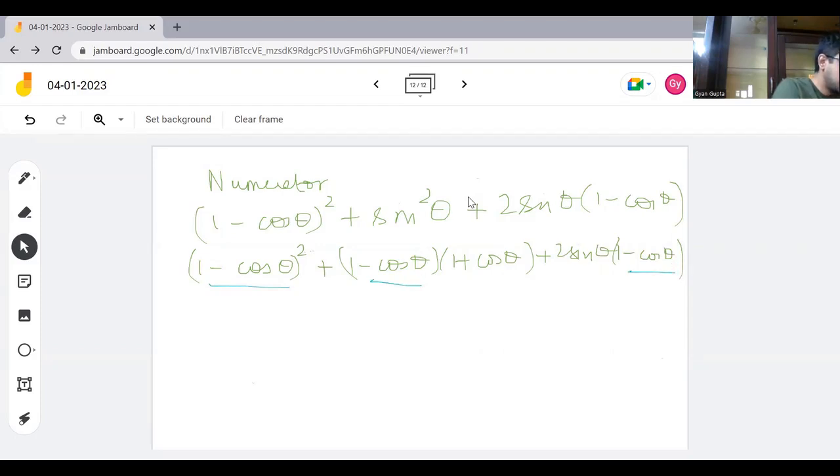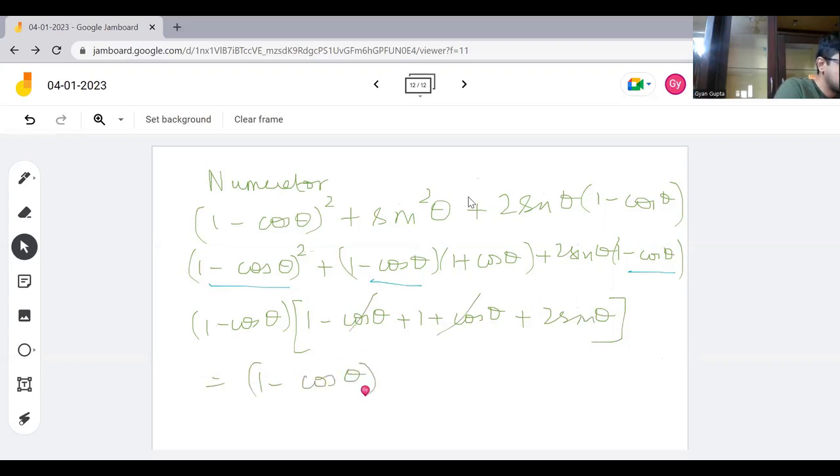So I will take 1 minus cos theta out of the brackets, and the remaining term is 1 minus cos theta plus 1 plus cos theta plus 2 sine theta. This and this cancel. I will get it as (1 minus cos theta) into (2 plus 2 sine theta).